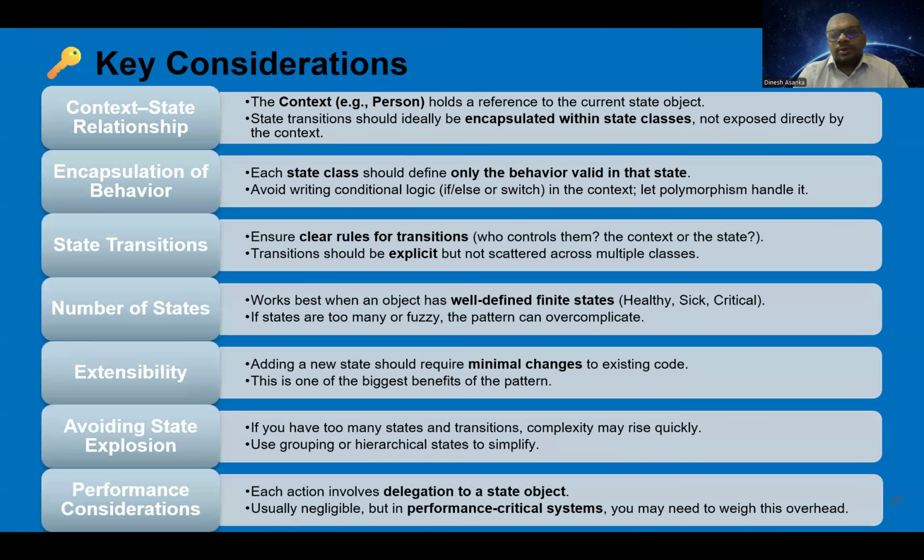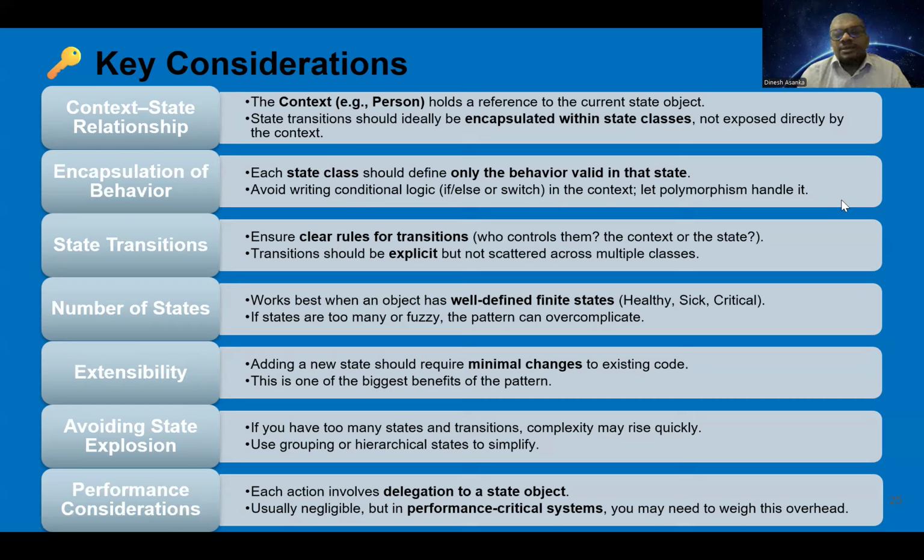So what are the key considerations for the state design pattern? One thing is, you need to understand the state relationship. If you look at the previous example of the human, the well-being or the health, the state transitions should be encapsulated within the class, how the state is changing from one to the other.